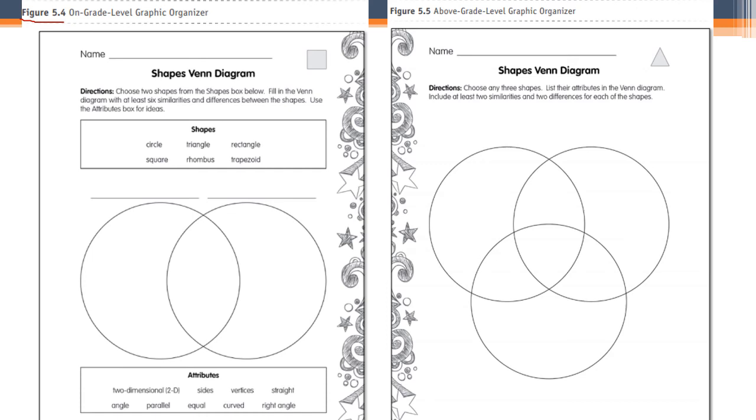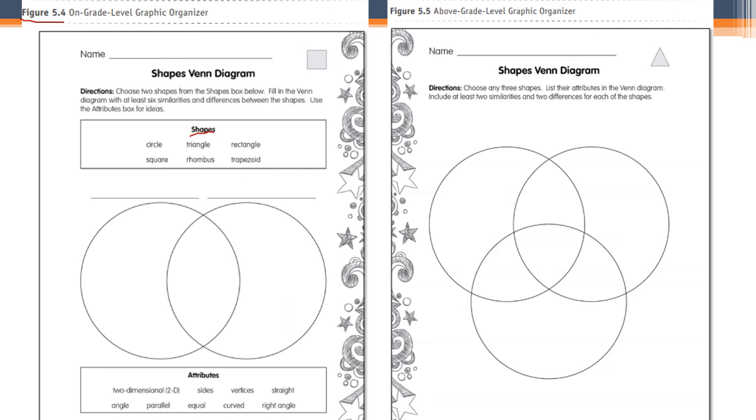Kitang-kita mo doon sa mga average learner, may mga choices, may mga guides sila. Okay? So directions doon sa on-grade level: choose two shapes from the shapes box below. Oh, yun, ito yung guide. Fill in the Venn diagram with at least 6 similarities and differences between the shapes. Use the attributes box for ideas.